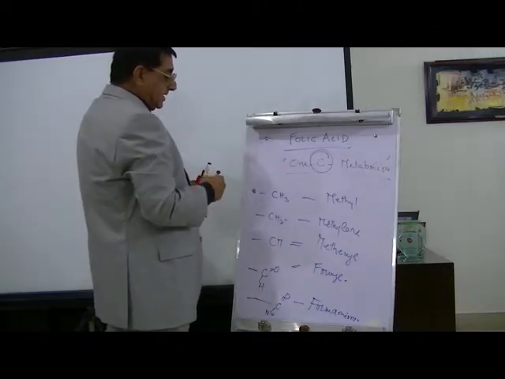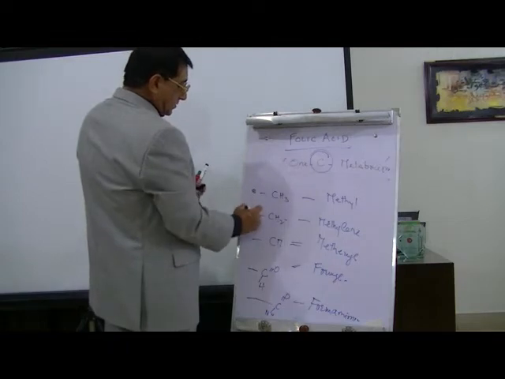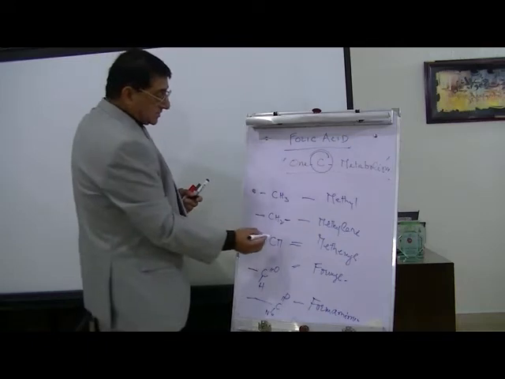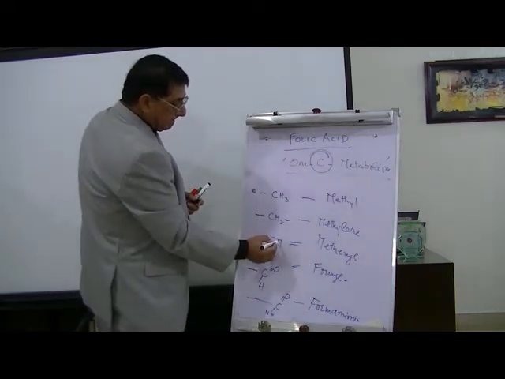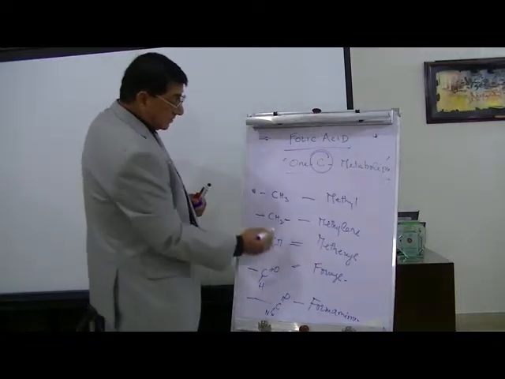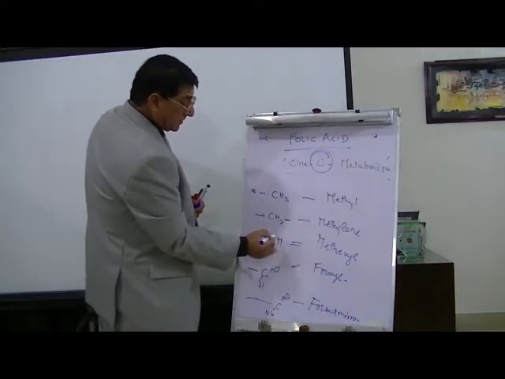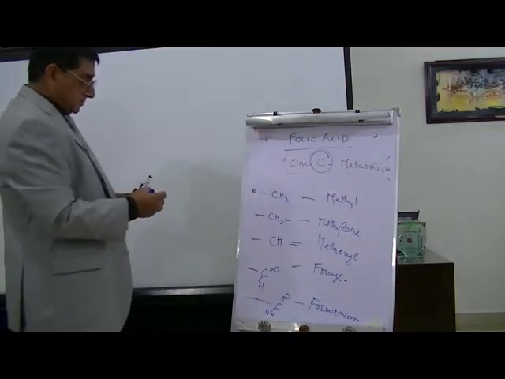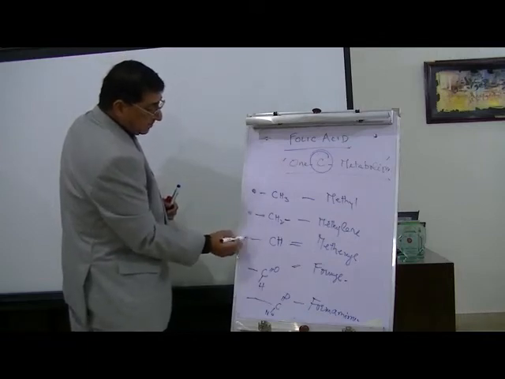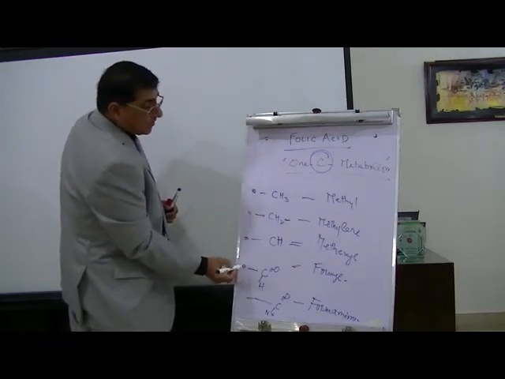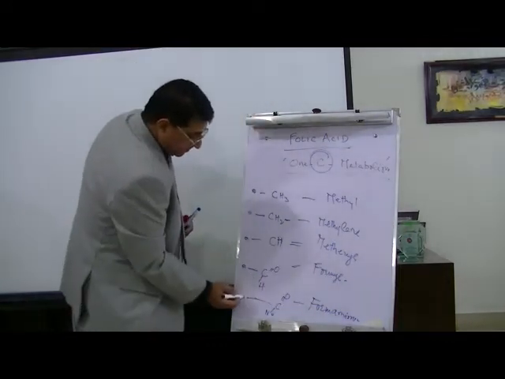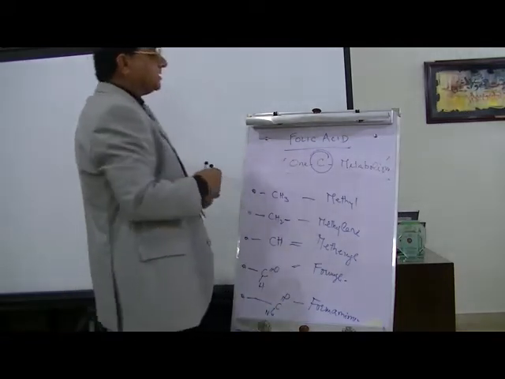This is methylene, it has valency on this side and combined with this side as well. Then this is called methinyl, CH. So methyl, methylene, methinyl, formyl, and formimino group. These are all one carbon compounds.